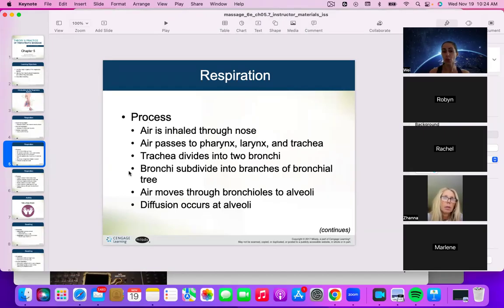You need to know where the air in the lungs gets filtered, and what is that process called? So when the air gets to the bronchioles, to the alveoli, which are the smallest sacs in the lungs, that's where the exchange of oxygen and carbon dioxide happens. And that process is called diffusion.